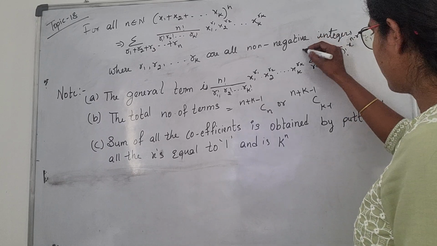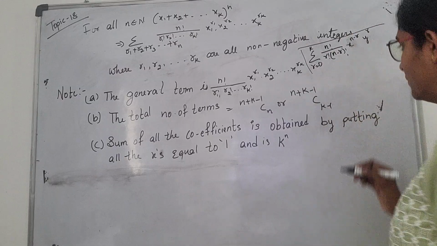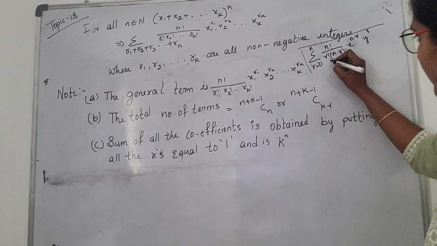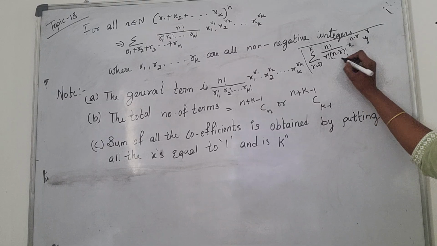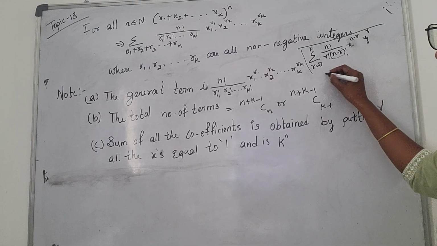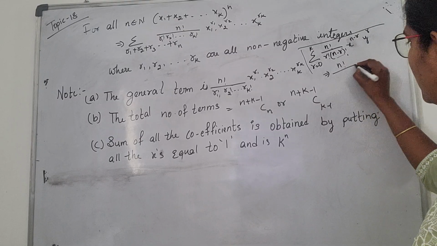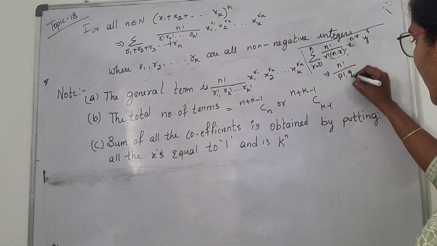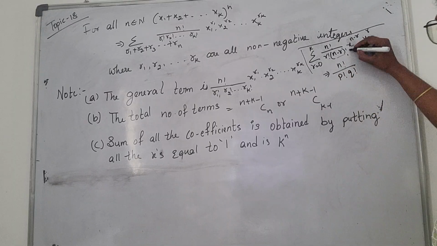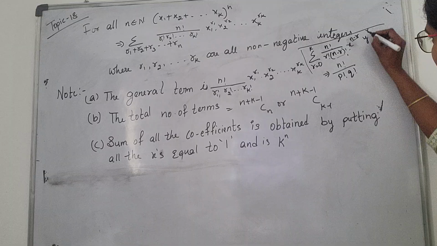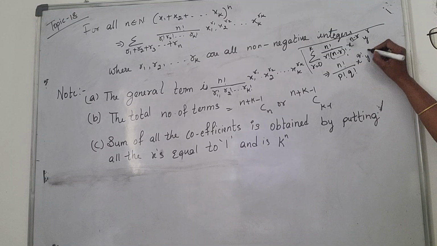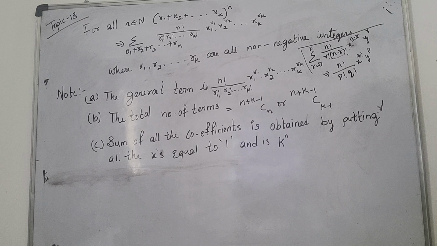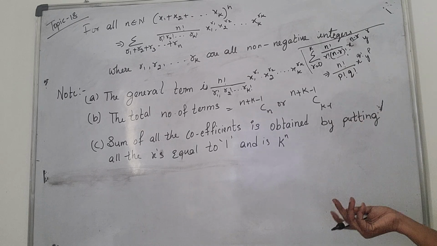This is the format we write, right? So can I write r as p, and n minus r as q? Just see, n factorial by p factorial q factorial, x power of q and y power of p. If I write it this way, it is the same.